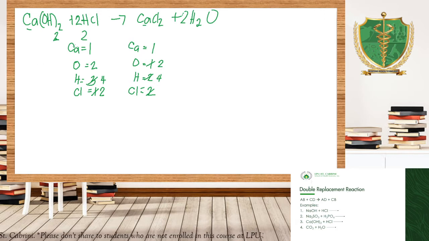Yes. Calcium, 1, 1. Balance. Oxygen, 2, 2. Balance. Hydrogen, 4, 4. Balance. Chlorine, 2, 2. Balance. Nakuha na? Sana ang sagot mo, yes. Naintindihan na? Sana ang sagot mo, yes.